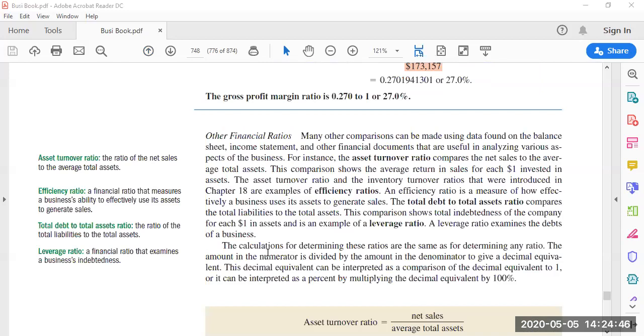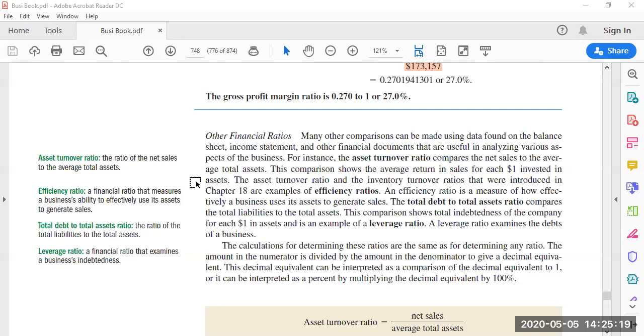For instance, the asset turnover ratio, that actually compares net sales to total assets. And in this case, we're using information from both the balance sheet and the income statement. So you can now see why both of those two financial statements are very important when we want to determine the financial health of a business.